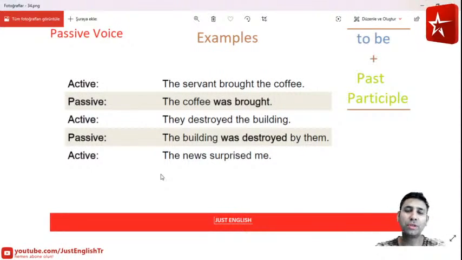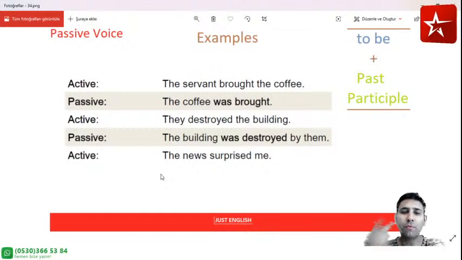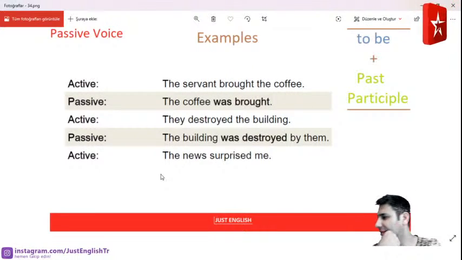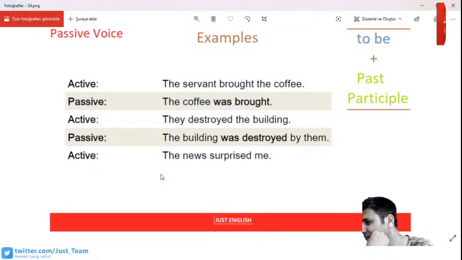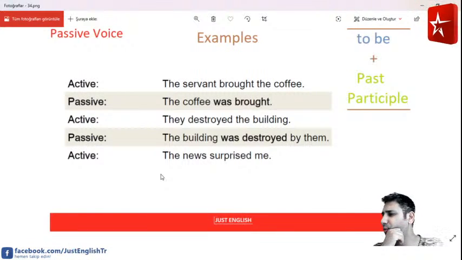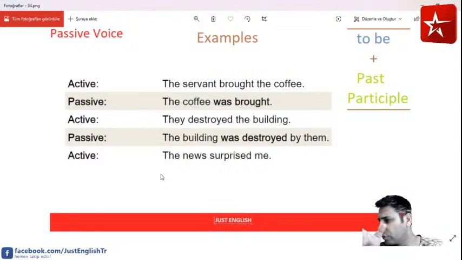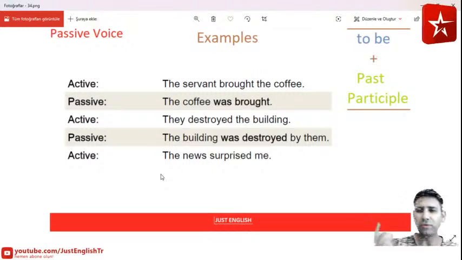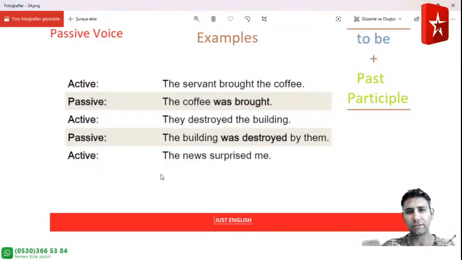But how am I going to do that? Me was surprised by the news, or I was surprised by the news? Which one do you think is correct? I was surprised by... No, Furkan, yes, that's correct. I'm reading your answers on a different screen.